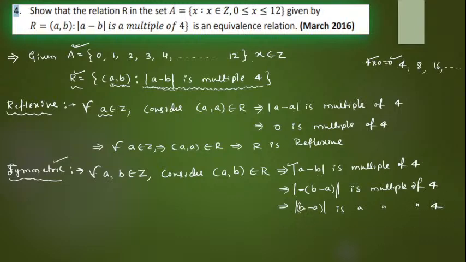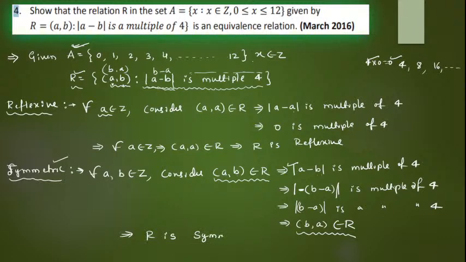So if modulus of B minus A is a multiple of 4, read in reverse: B minus A is a multiple of 4 means B comma A belongs to what? Your relation R, right? So this implies the ordered pair B comma A belongs to your relation R. So now you have proved that if A comma B belongs to R, then its reverse B comma A also belongs to R. This implies your relation R is symmetric here.